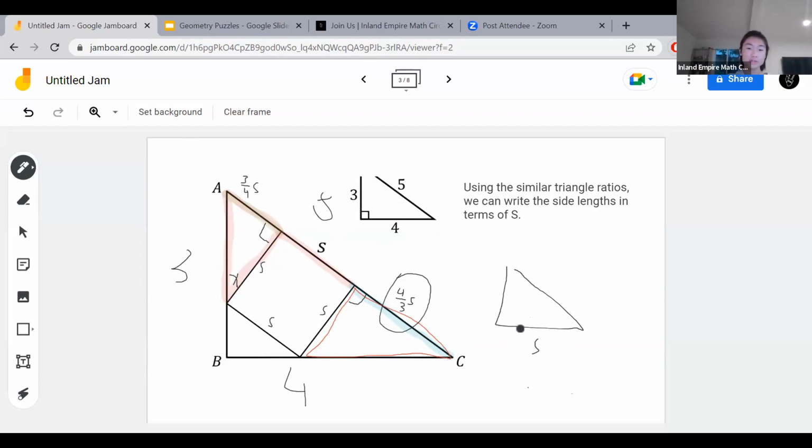So now what do we do about this? We can fill in all the other sides, right? 3, 4, 5. Since the bottom is S, everything else has to be multiplied by S. And then we want to change this from 4S to just 1S. So we divide everything by 4.